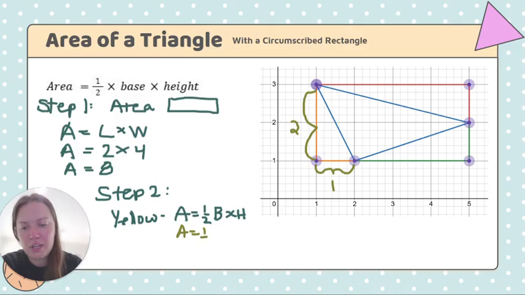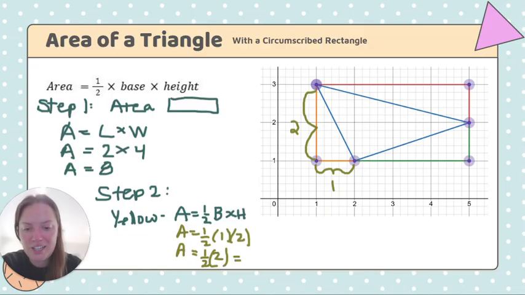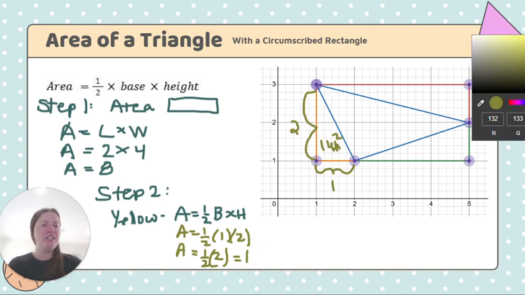Area equals 1/2 our base, which is 1, and our height, which is 2. We're going to multiply the whole numbers together first. 1 times 2 is 2, and half of 2 is equal to 1. So the area of this one here is 1 unit squared. Okay, that's our area for our yellow. Now let's do our red.